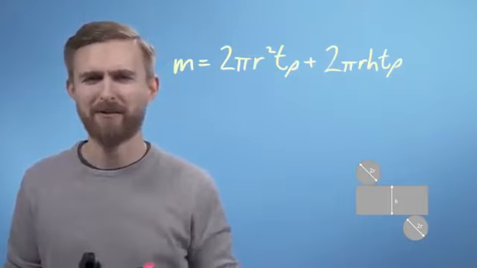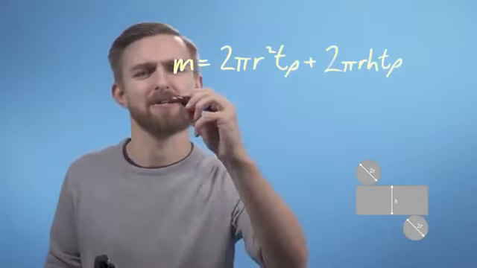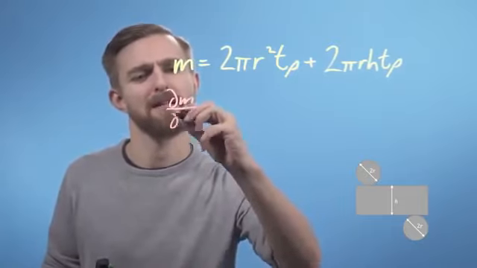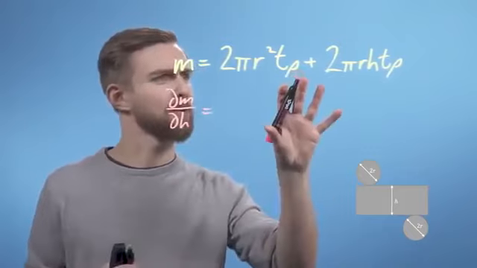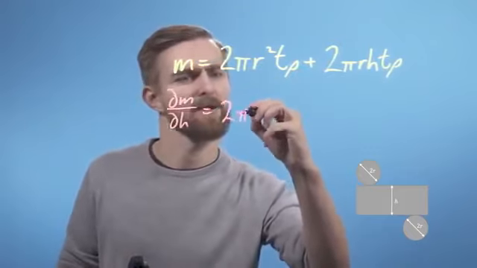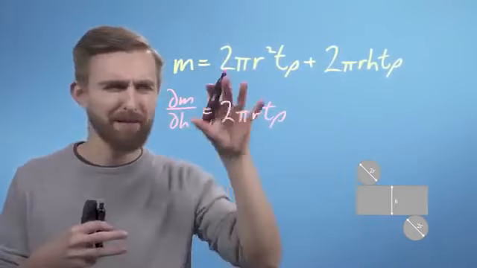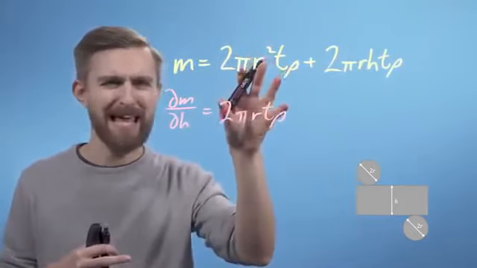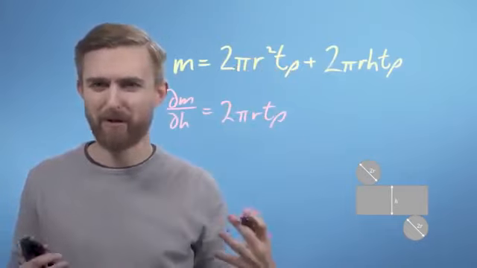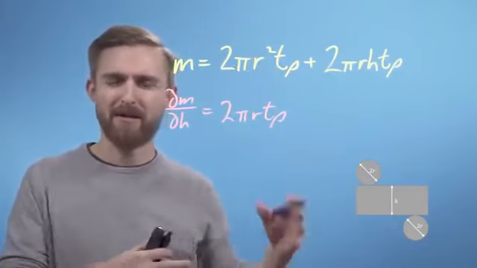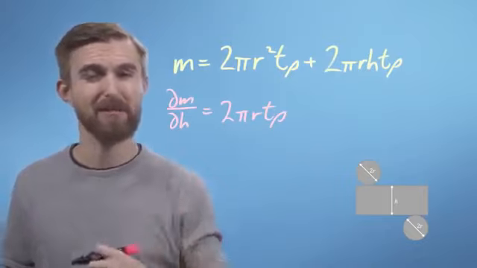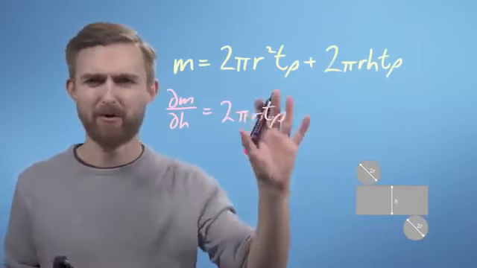So, starting with an easy one, let's try h. So dm by dh is going to equal this thing, 2 pi r t ρ. As the first term did not contain the variable h, and we're treating all the other terms as constants, then just like last week, a constant simply differentiates to 0, so we ignored it.